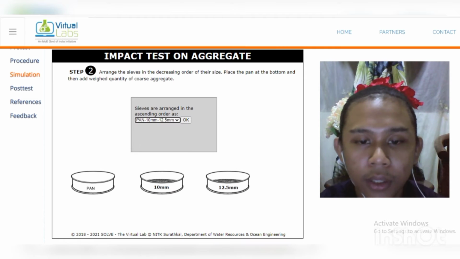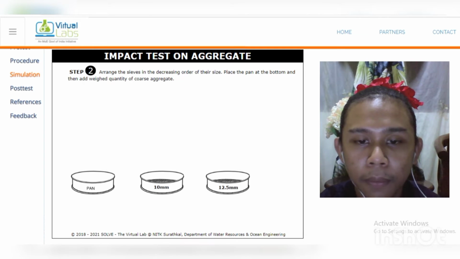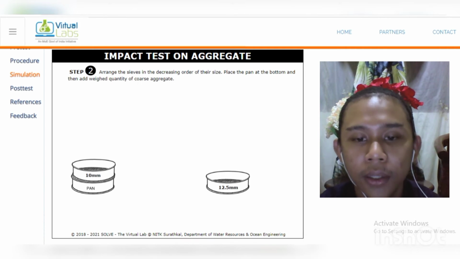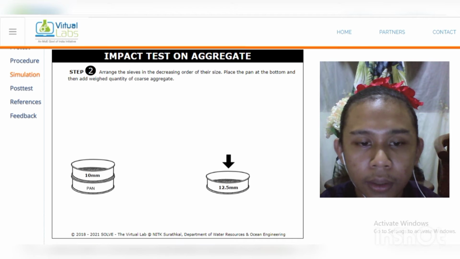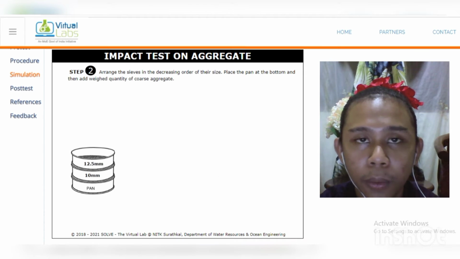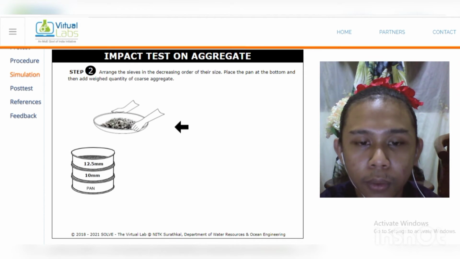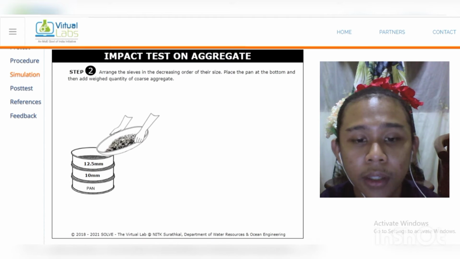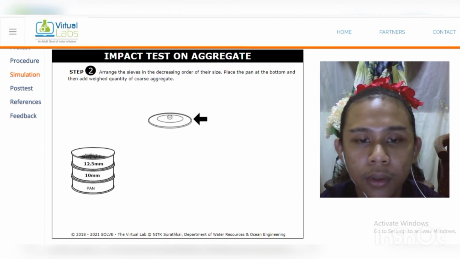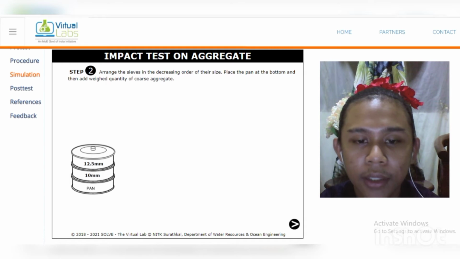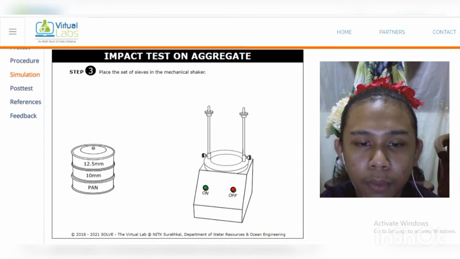For step 2, arrange the sieve in the decreasing order of their size. Place the pan at the bottom and then add the quantity of coarse aggregate. So sieves are arranged in the ascending order as pan, 10 mm to 12.5 mm.